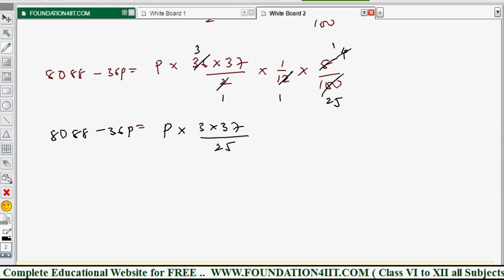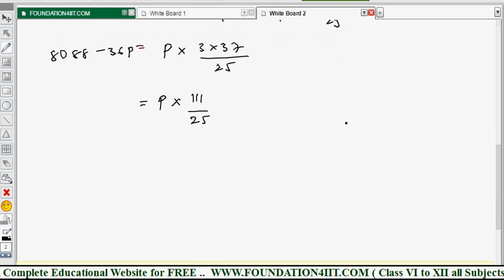Now if you multiply, P into 3 into 37 is 111 by 25. Now take the p terms to one side, that is 111p by 25 plus 36p, equals 8088.